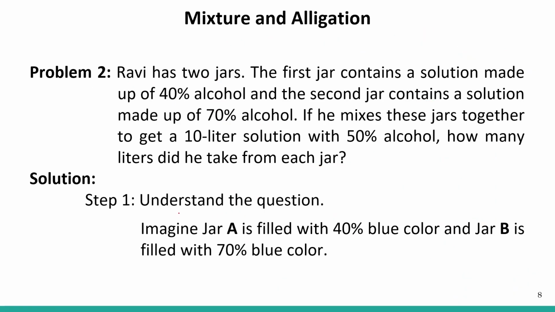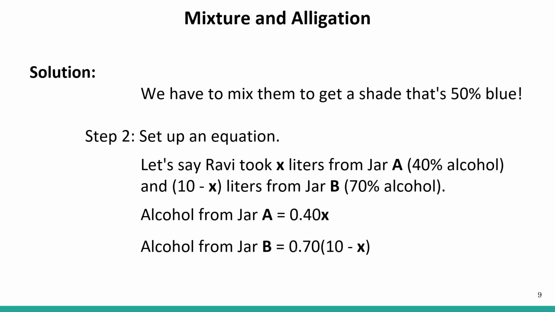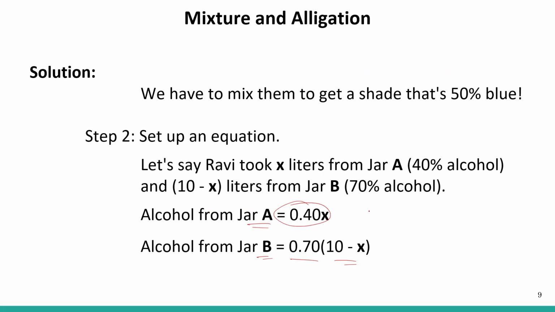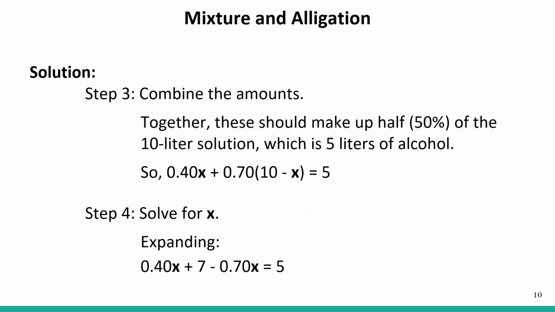Okay, so let's go forward and see the step-by-step solution. Understanding the question, imagine jar A is filled with 40% alcohol and jar B is filled with 70% alcohol. Alcohol from jar A will be 0.40x and alcohol from jar B will be 0.70 into 10 minus x. Together these should make up half of the 10 liter solution, that is equal to 5.